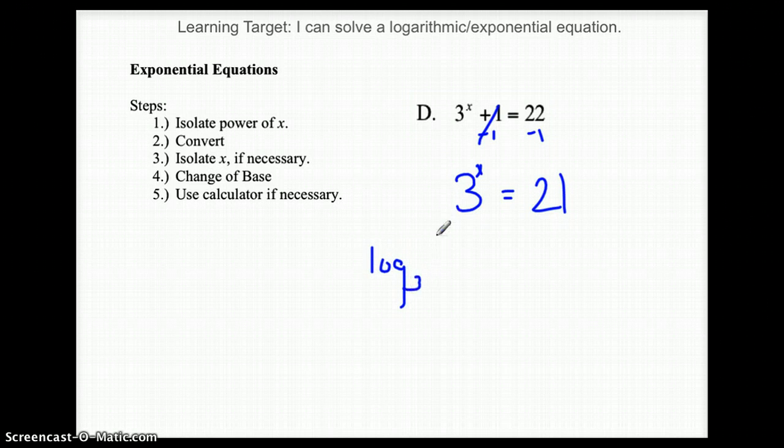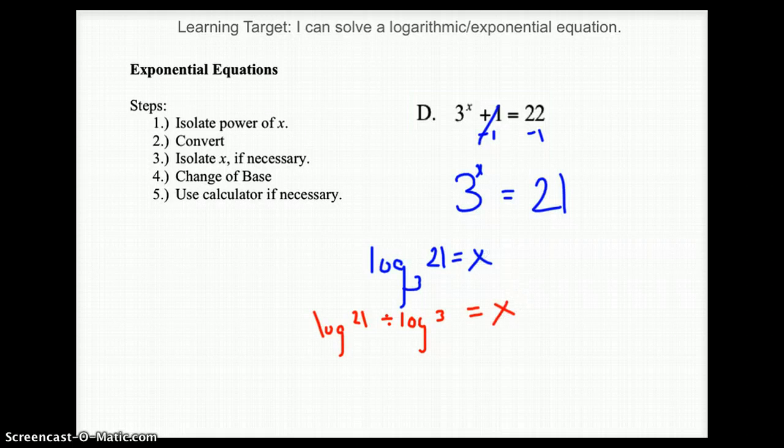So the 3 stays first, and then the 21 and the x are going to switch places. Then I'm going to use the change of base formula to know what this decimal is. So log of 21 divided by log of 3. And that'll tell me what x is.